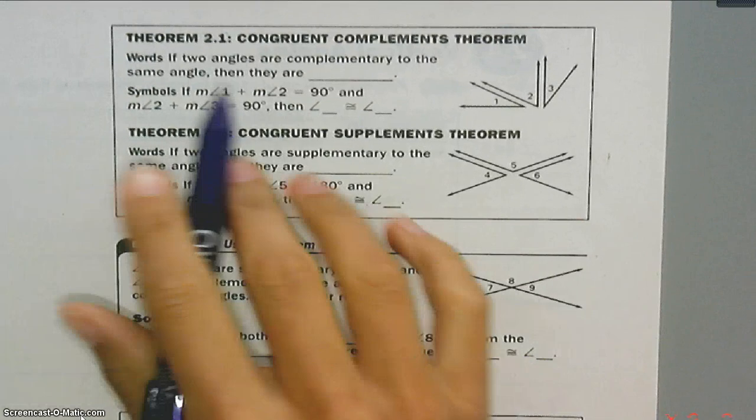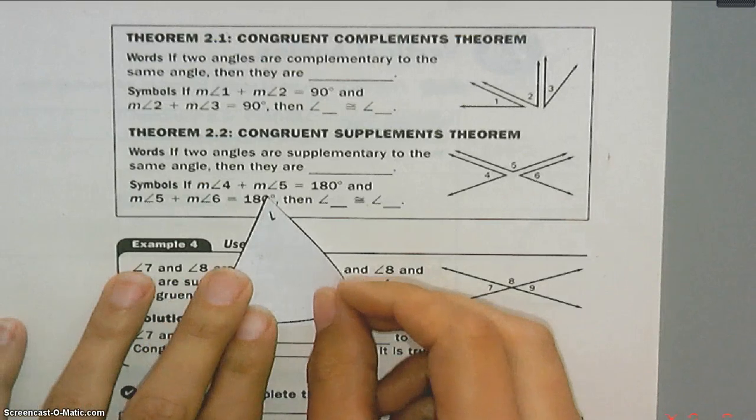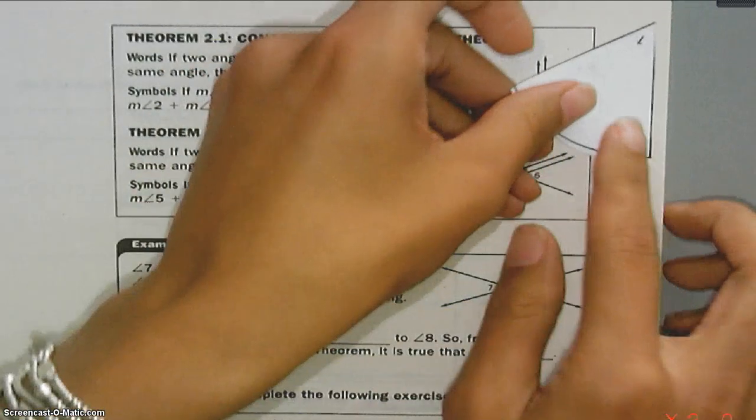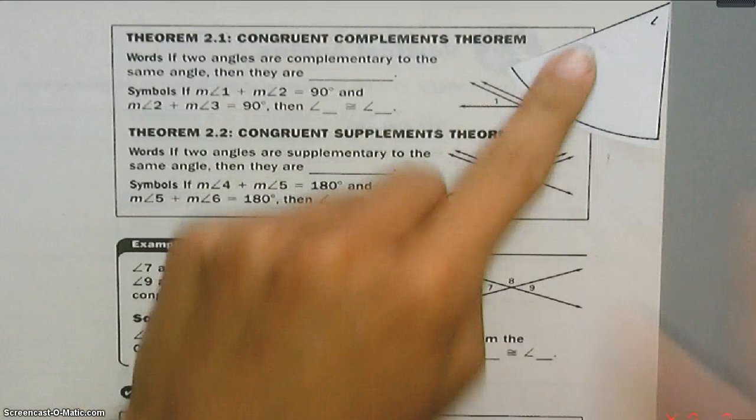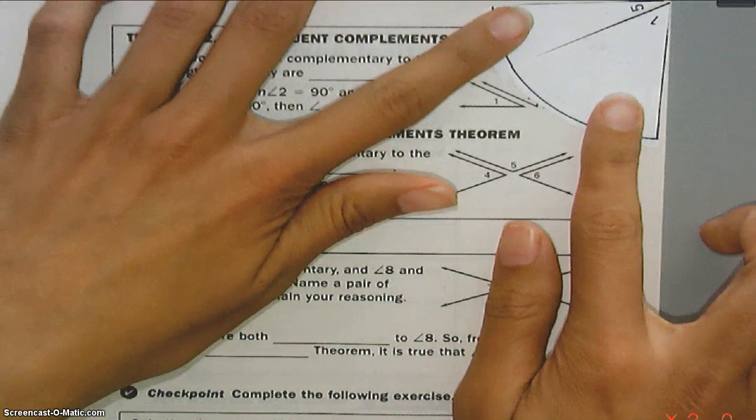All right, here's our first theorem. It's a rule that we can prove. If two angles are complementary to the same angle, then they are blank. Well, I want you to think about the circle activity that we did today. We had angle 1, and we noticed that angle 1 and angle 5 made a right angle.